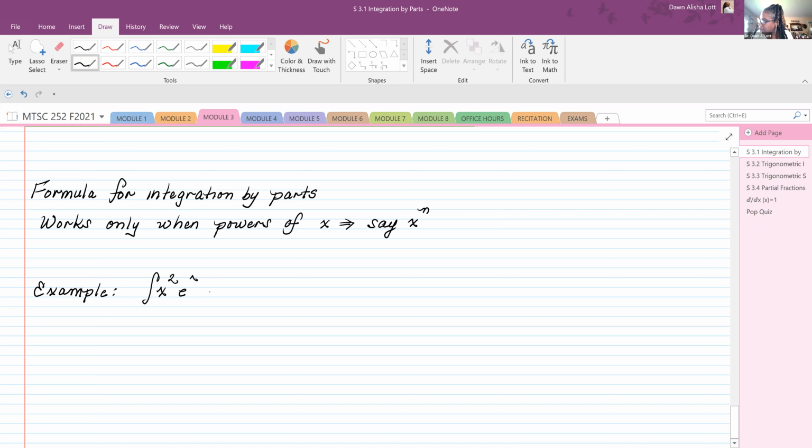Okay, so here's a way to get around it. So notice I have x squared. So I have a power of x. So therefore this particular problem is eligible to use this formula.